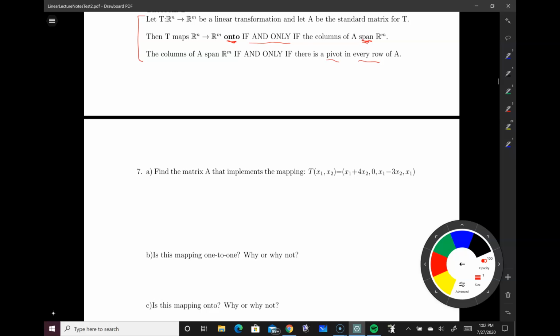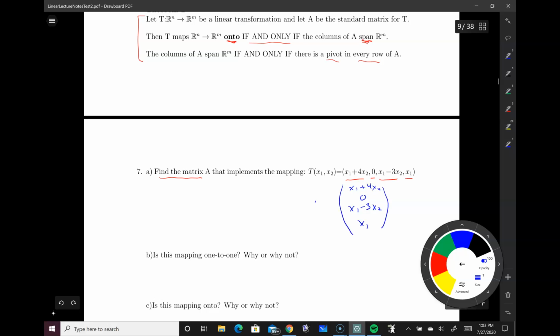So here we don't know the matrix A. We want to try to find the matrix A that has this as the transformation. Let's write out what that means, right? What this means is x1 plus 4x2, 0, x1 minus 3x2, x1.